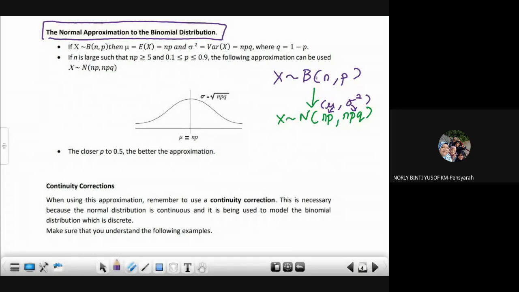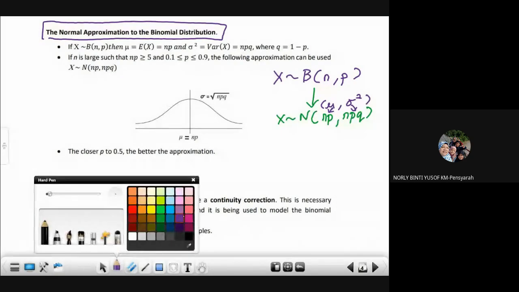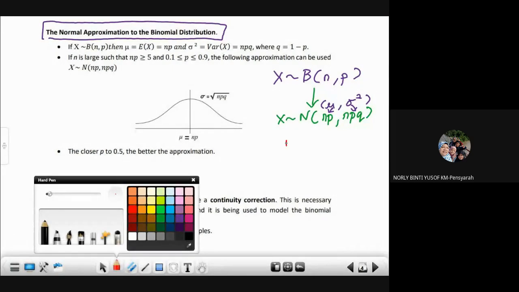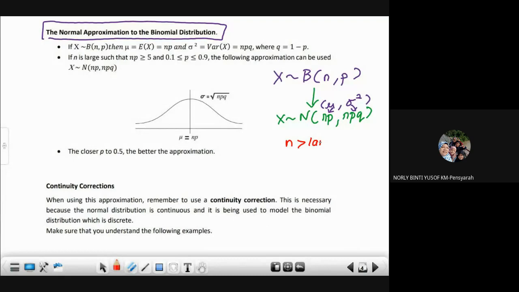So syarat nak buat ni adalah bila n tu large, besar lah, berapa tu kita akan kira nanti. Kita tak boleh assume 50, kadang-kadang kalau n tu 20 tapi bila kita darab dengan probability success, dia mematuhi syarat np greater or equals to 5.